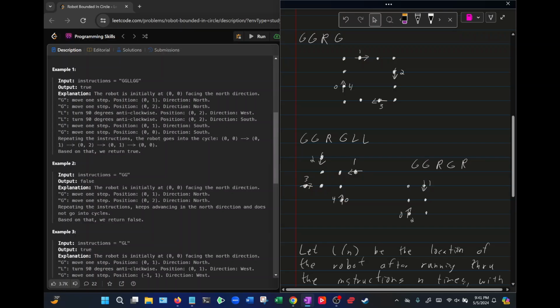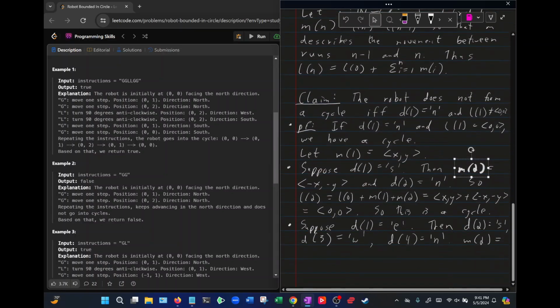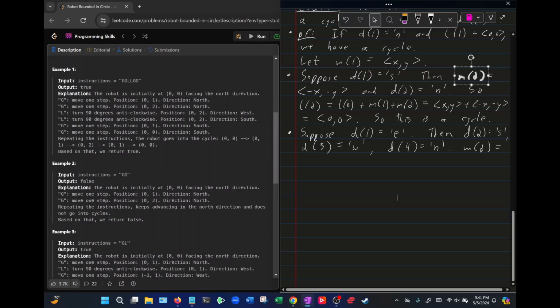Now going from step 1 to step 2, the movement in the x direction is 2 and the movement in the y direction is -1. And so we flipped the x and the y, and we've added a minus sign in the y direction. Okay, so what that means is that M2 is going to be equal to y comma negative x.